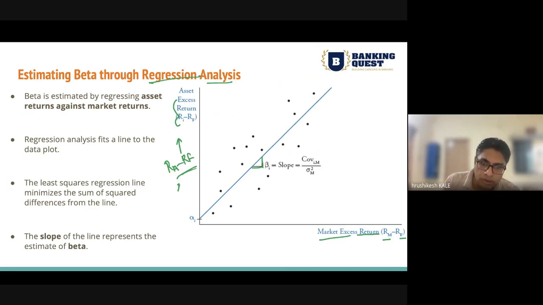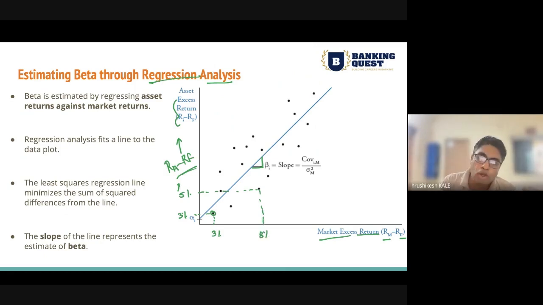So this is your asset, Infosys. Infosys excess return is 3%, wherein Nifty's excess return is also 3%. So you plot it here. Next, I will take this. Infosys excess return is 5%, wherein Nifty's excess return came out to be 8%.